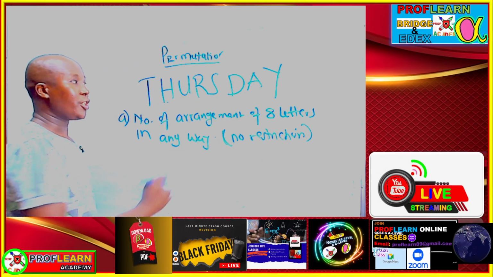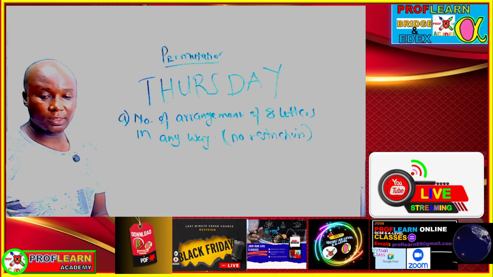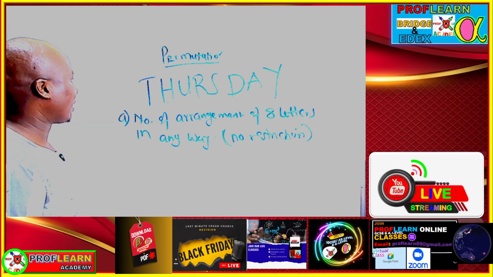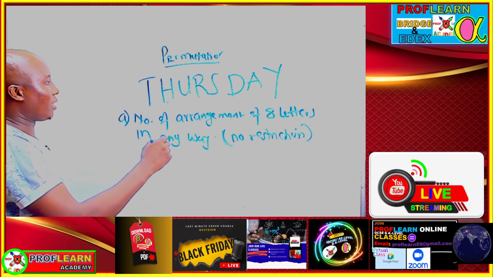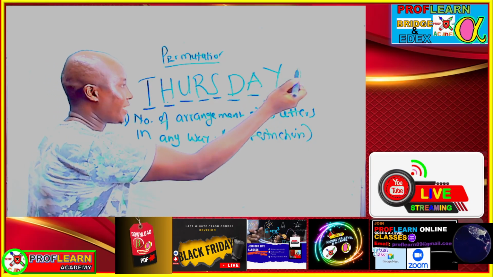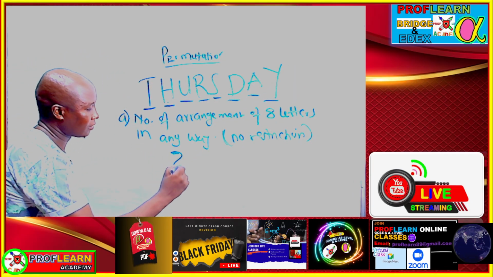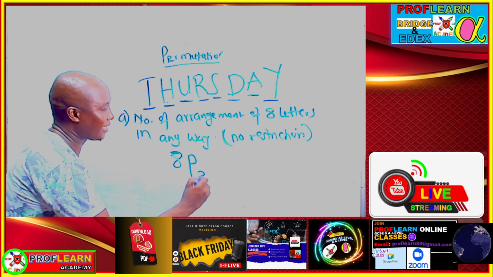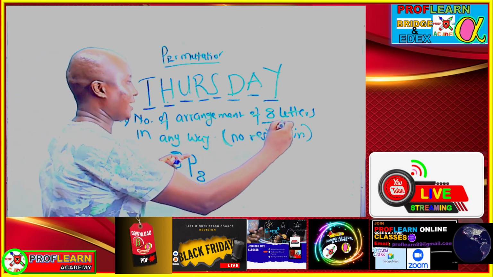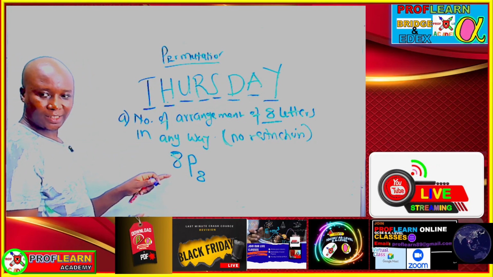So if there is no restriction in this case, first you have to check how many letters you have. 1, 2, 3, 4, 5, 6, 7, 8. 8 letters. No restrictions will be 8 permutation 8, 8 letters arranged in any way from the word Thursday.